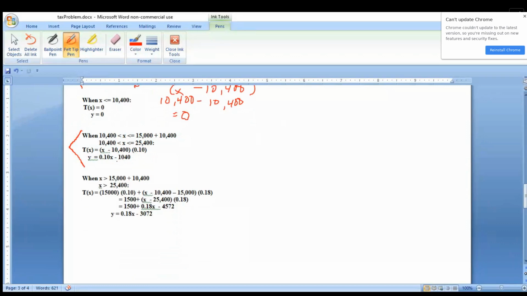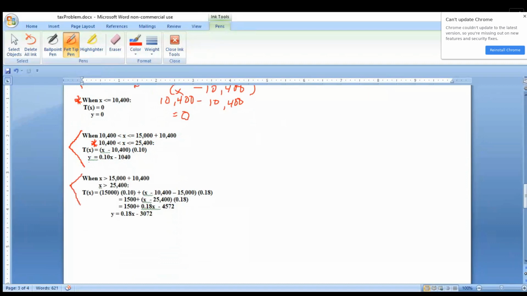Don't forget the negative sign. That's our function. But that's our function when x is between these two numbers only. And the first function is when x is less than or equal to 10.4.